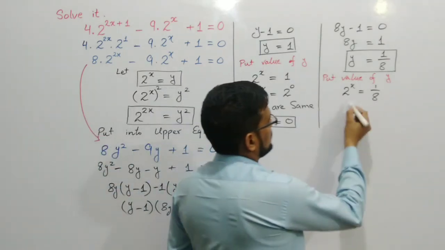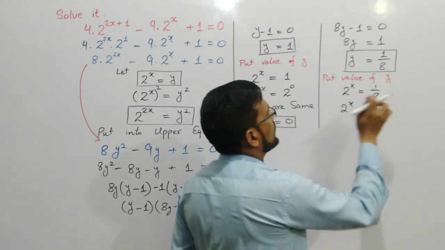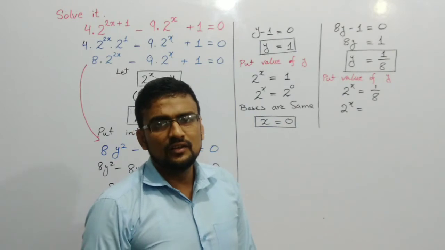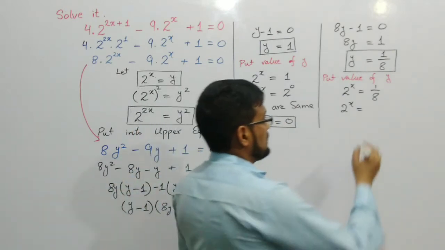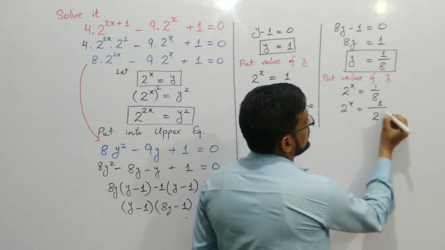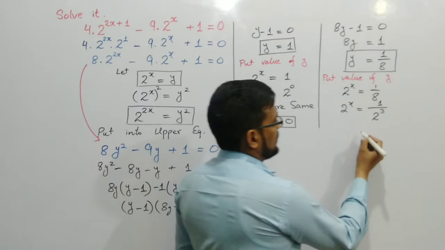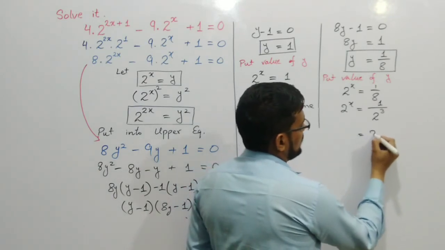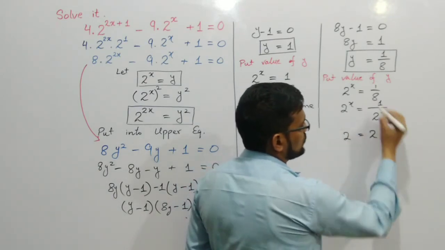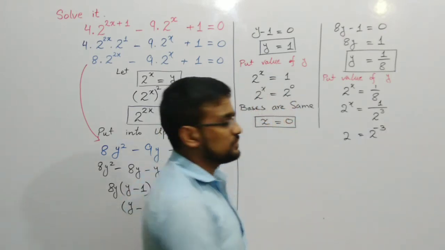Similarly, here 2 raised to power x is equal to 1 over 8. Factorize the 8 as a power of 2, and it becomes 2 raised to power 3. 2 raised to power 3 means 8, and when you convert from the denominator to the numerator, the power becomes minus. It means 2 raised to power minus 3.